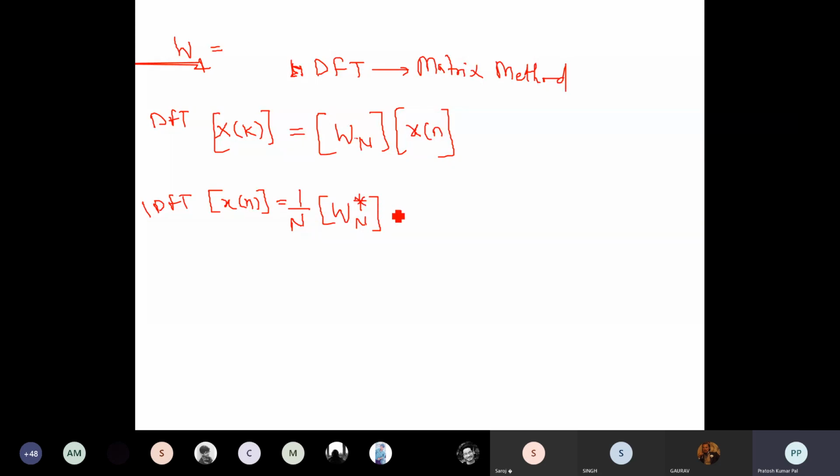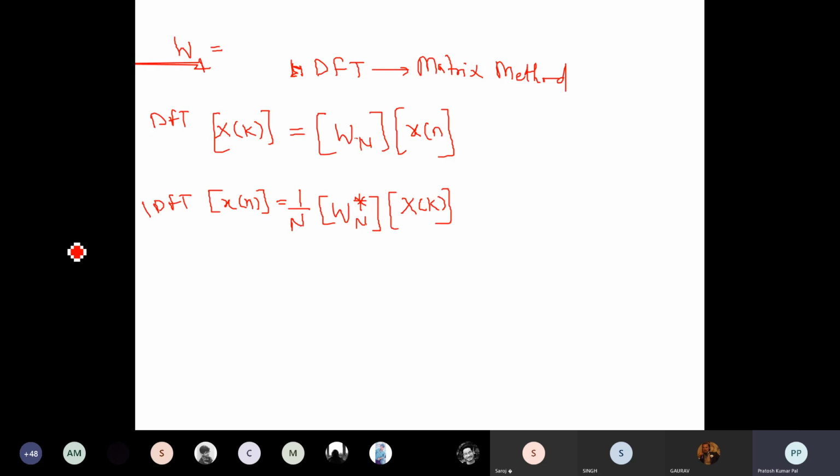So we will be using the complex conjugate of the twiddle factor matrix multiplied by x of k. Okay, so this will be our IDFT calculation by using the matrix method. This is the DFT calculation, this is the IDFT calculation. So we will use this method to calculate the IDFT and DFT.